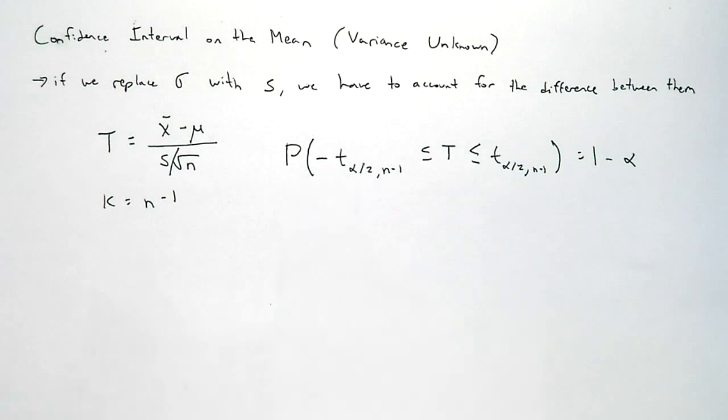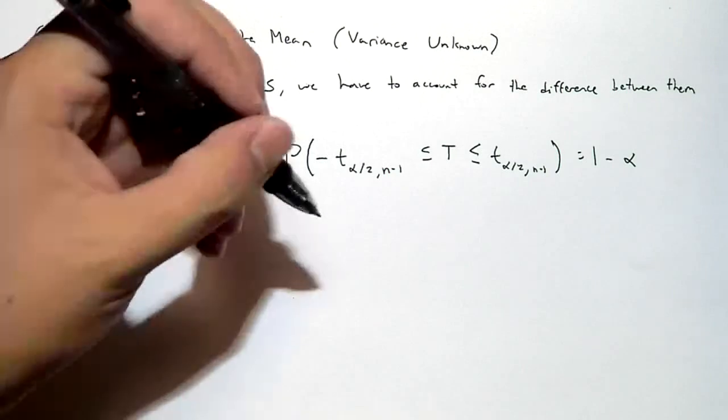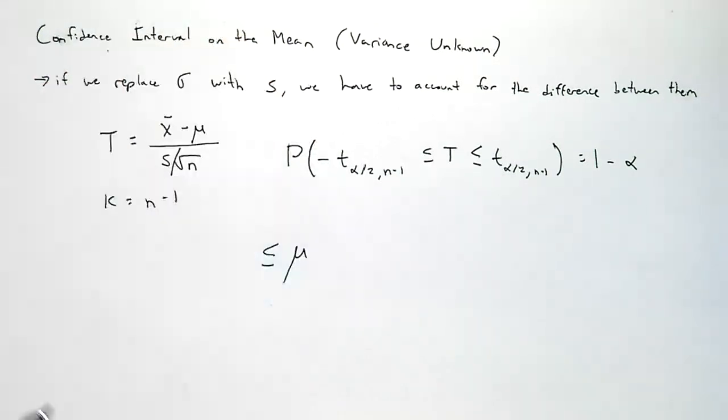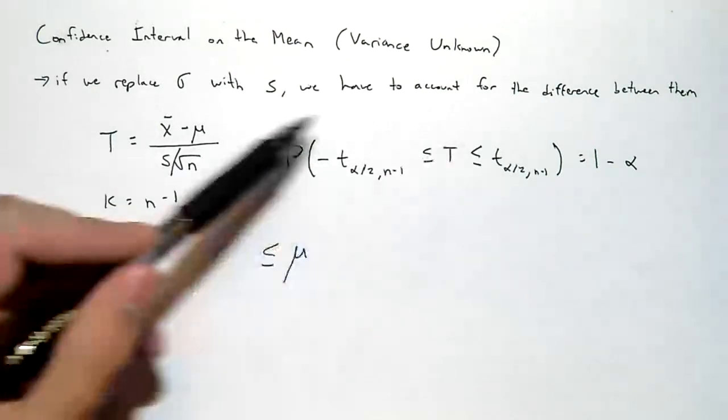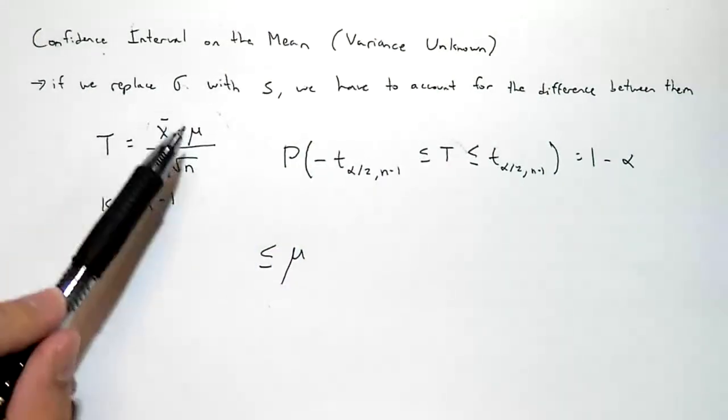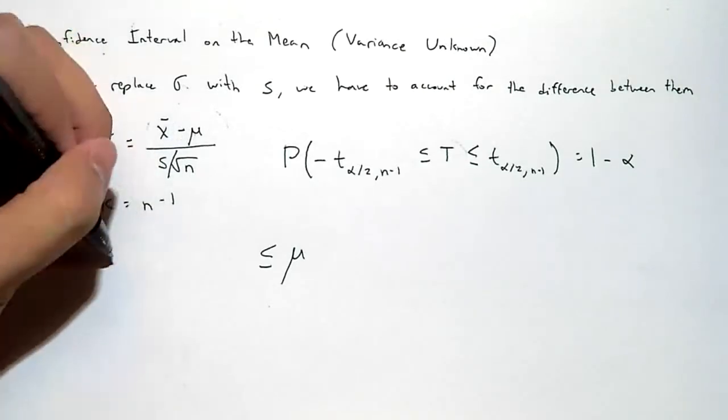So combining these two and rearranging, I get that there's a 1 minus alpha probability that my sample mean lies in between the following values. I'm getting these values by replacing this t with this expression and then solving for the sample mean.